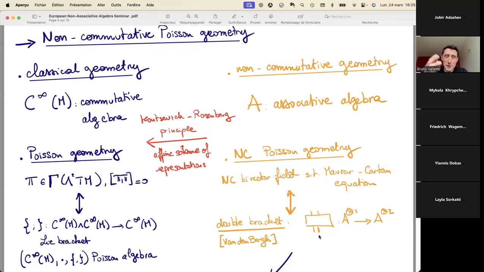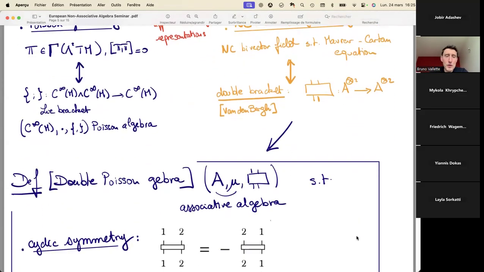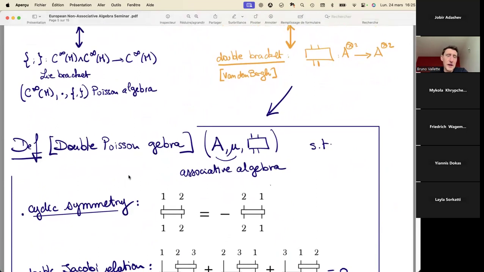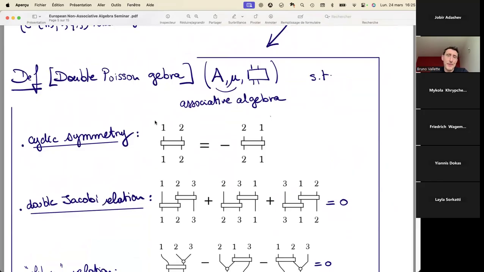So this is very non-associative. And then you look at what this has to satisfy. Van den Bergh called that a double Poisson algebra because it's a double bracket. So you start from an associative algebra, which is the non-commutative bit, plus this double bracket. And you ask that your bracket should be cyclic skew-symmetric.